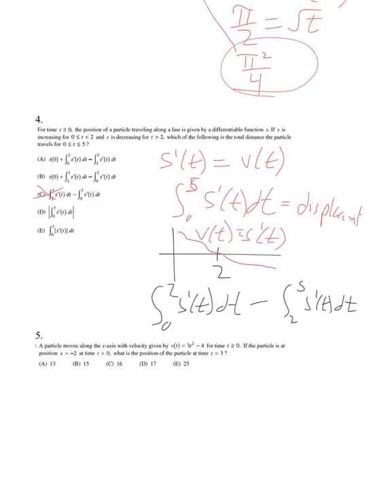Now they do have, and this one again is switched. A has what I have, but they've got this extra initial position here. But they're not asking for the position, they're just asking for the distance traveled, so I don't need to include anything about the initial position. And now it's just a matter of these two absolute value ones. D is simply going to take your displacement and make it positive.